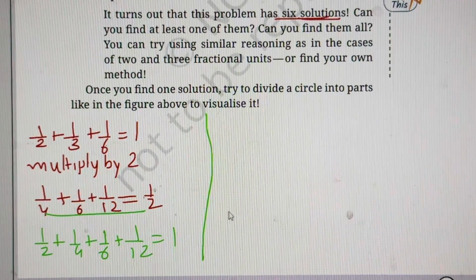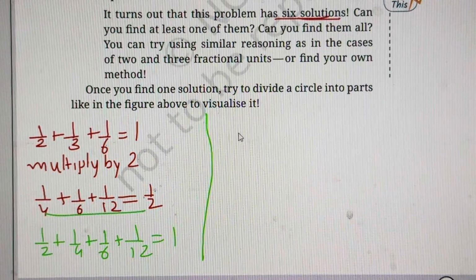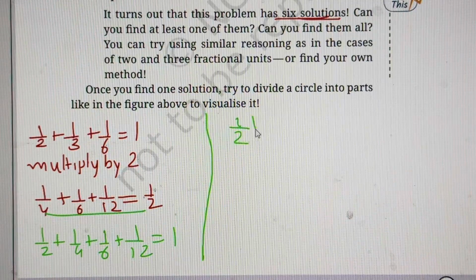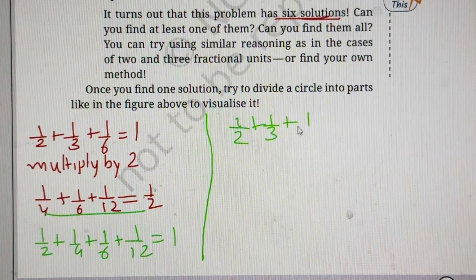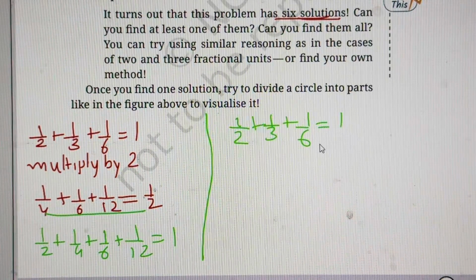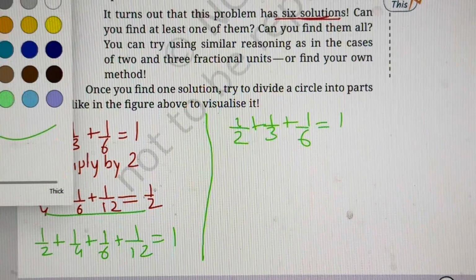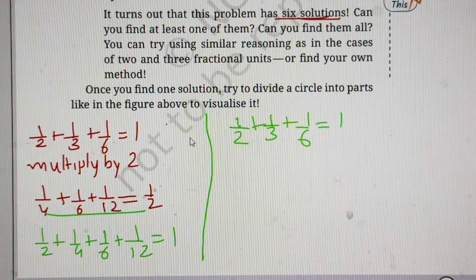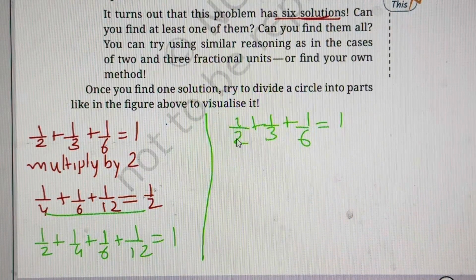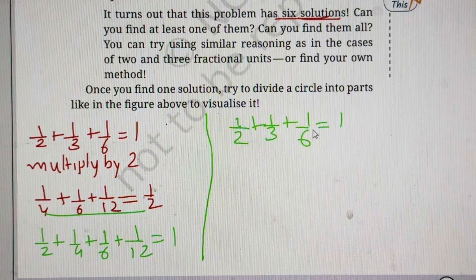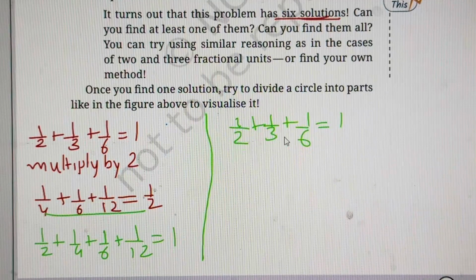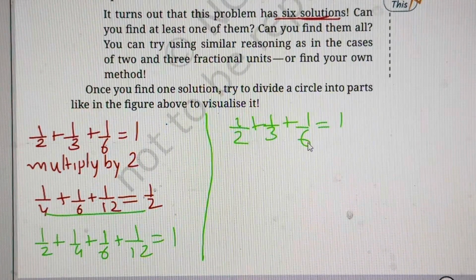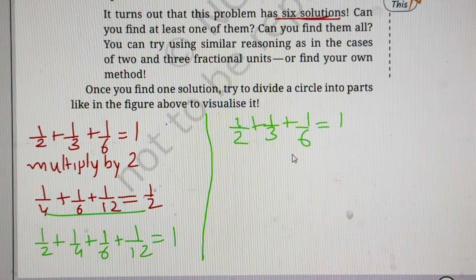Now we'll try another with the same 3. 1 upon 2 plus 1 upon 3 plus 1 upon 6 is equal to 1. The 3 different units which we just used. We solved it in the previous part. Now what do we do here? We keep 1 upon 2 plus 1 upon 3 as it is, and we replace 1 upon 6 with 2 different fractional units which make 1 upon 6.